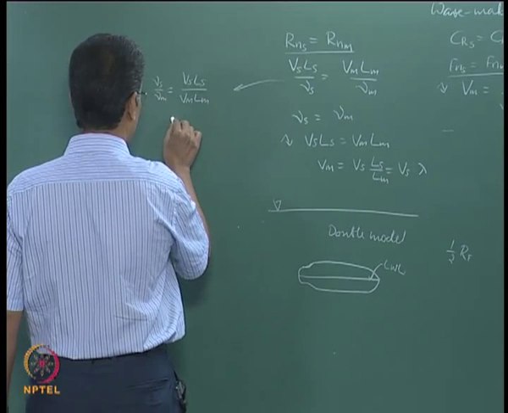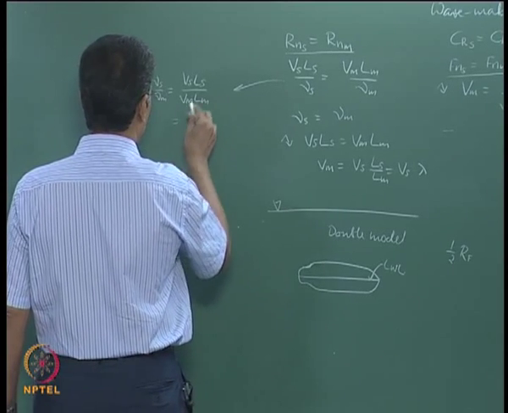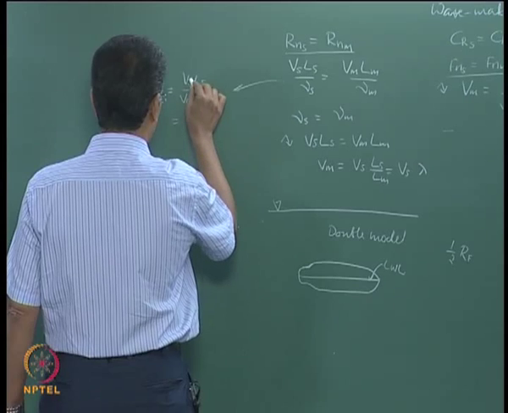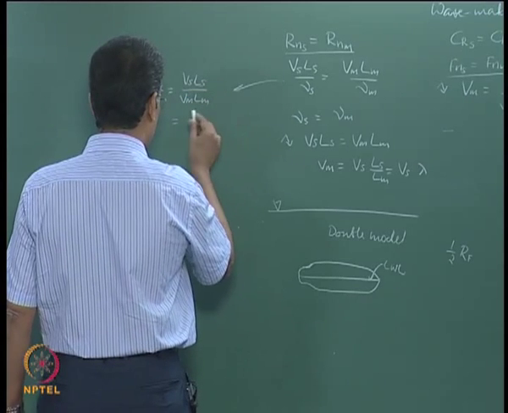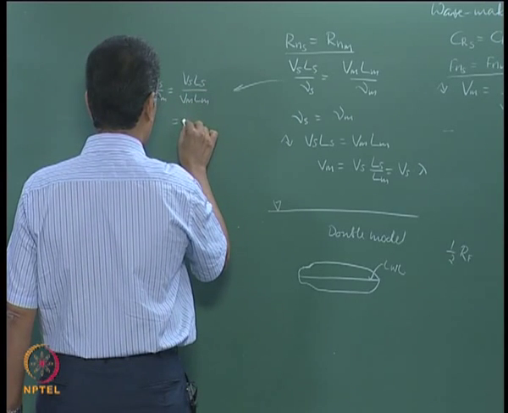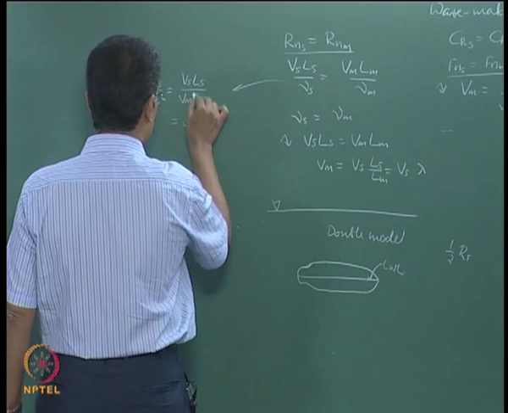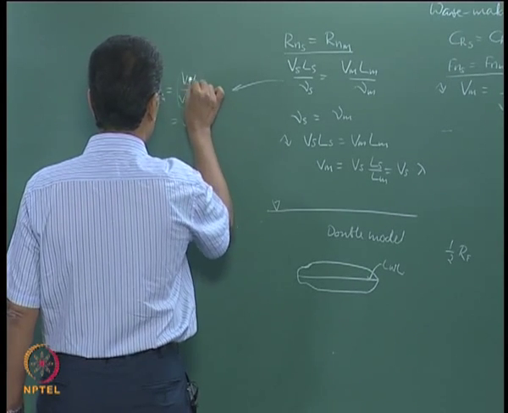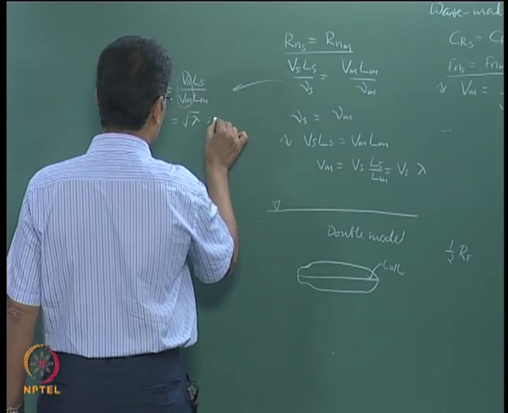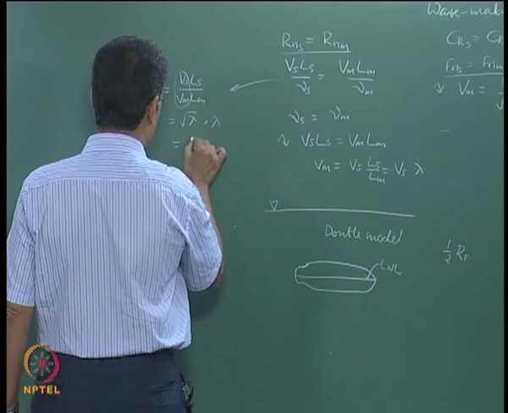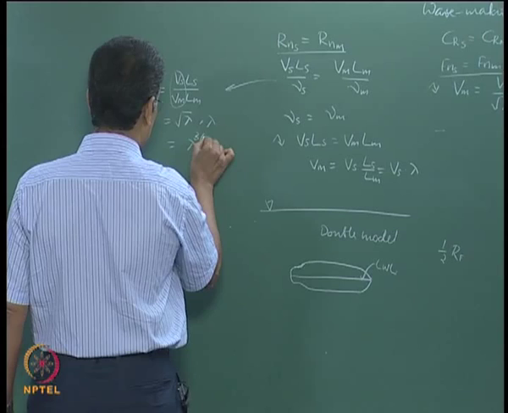So that is equal to Vs by Vm. If you follow the Froude number case, it is going to be square root of lambda, this one Vs by Vm, and Ls by Lm is equal to lambda. So that is equal to lambda raised to 3 by 2.